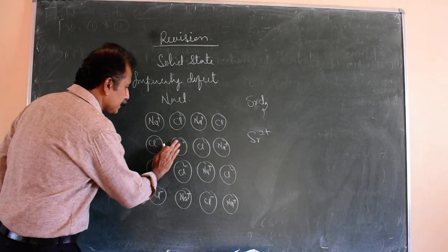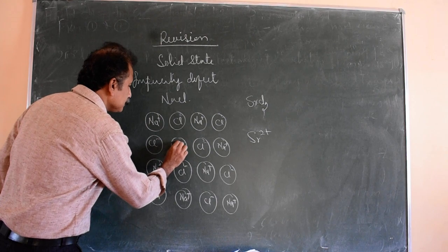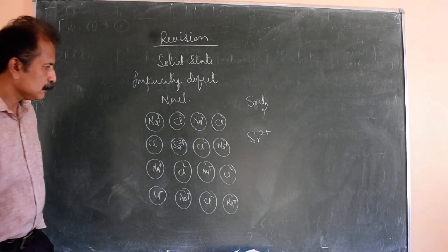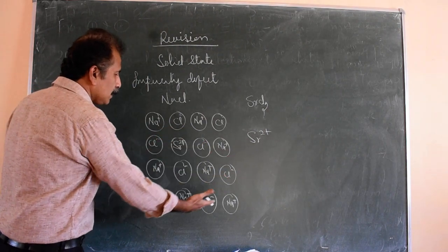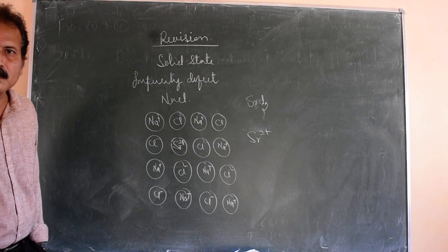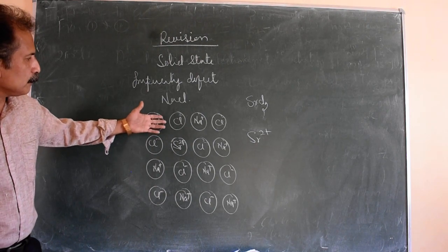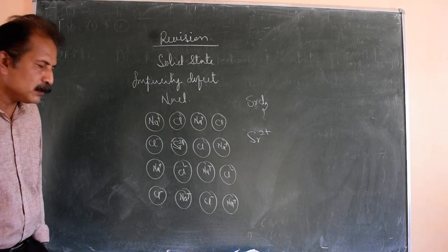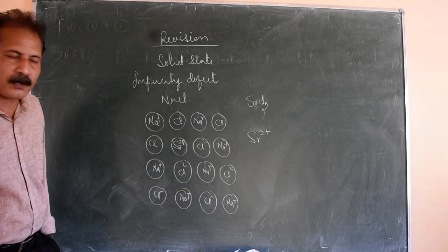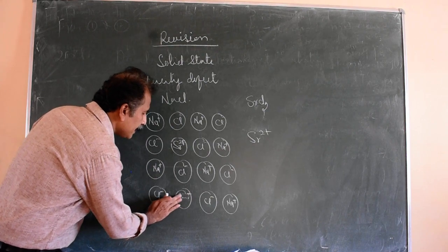So let us say this site. As it occupies this site, what about the neutrality of the crystal? Here you will see that the number of plus charges will be more. So as it enters, it occupies one of the sites of sodium ion and leaves another site vacant.